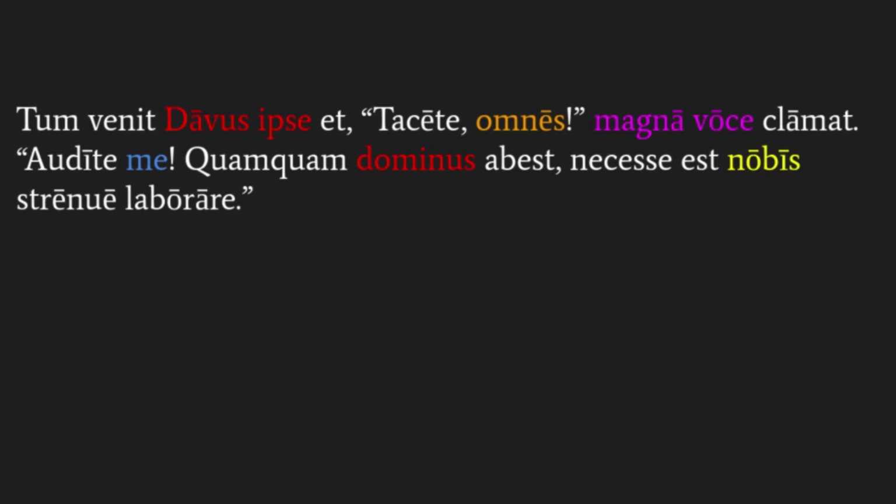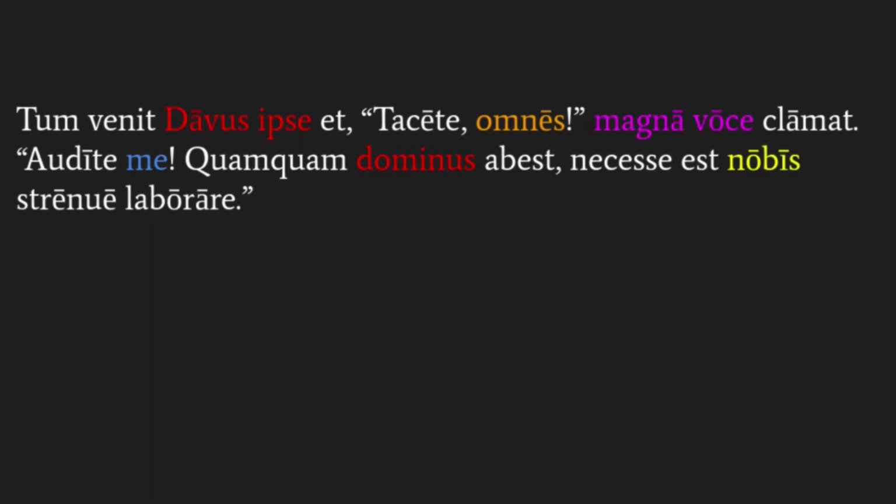Audite me, there's another plural imperative. Audite means to hear, so he's saying, hear me, or listen to me, you might say, right? He's commanding them to listen to him. Quamquam dominus abest, necesse est nobis strenue laborare. So quamquam means although, dominus abest, we've seen this before, the master is away. Necesse est, it is necessary, and here we have nobis, which is dative, right?